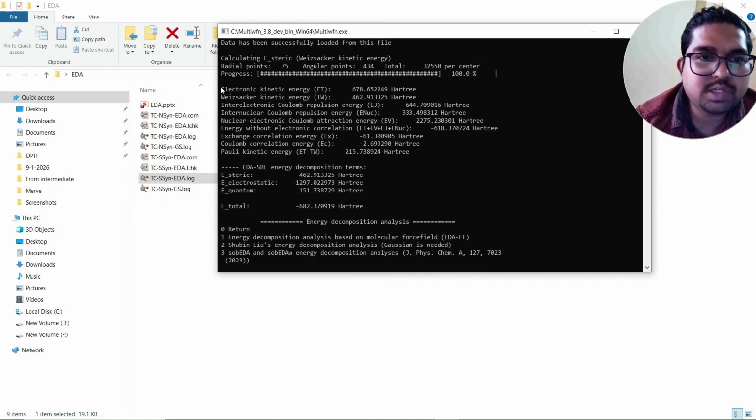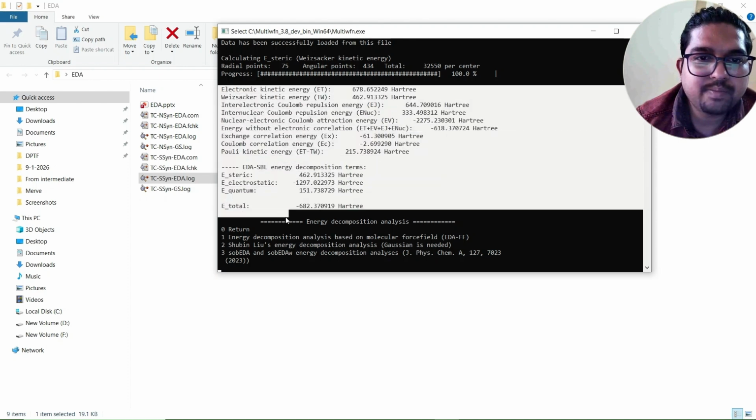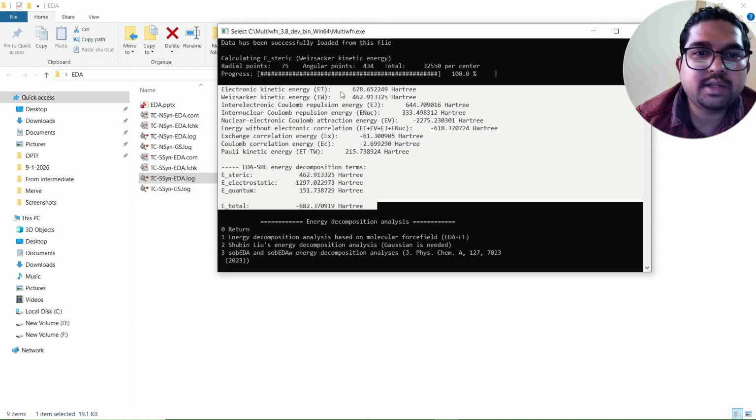Now you see, this is the output for your EDA calculation. There you see, you have the electronic kinetic energy. All kinds of energy you have here, and then you have the EDA-SB energy decomposition terms, the E static, E electrostatic, and E quantum, and this is the E total.